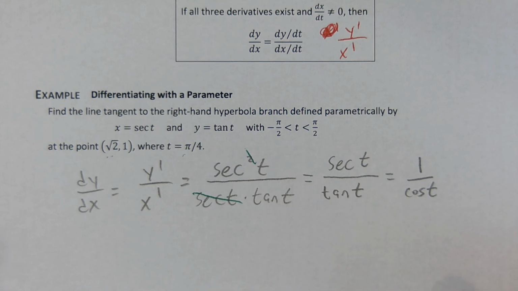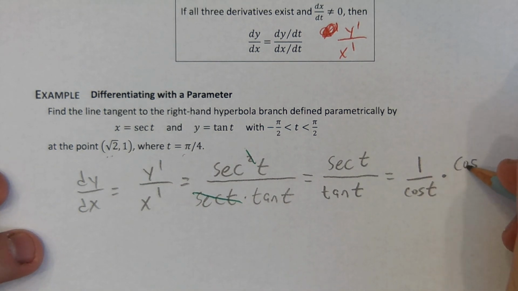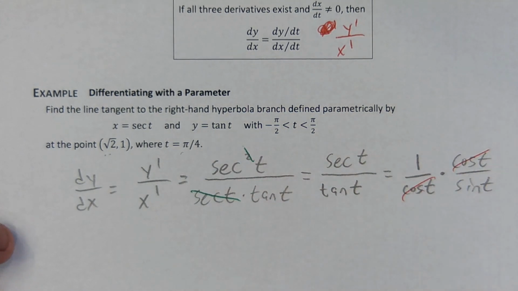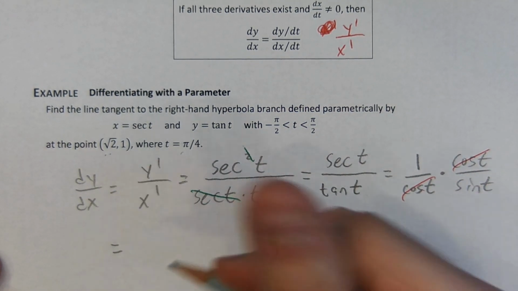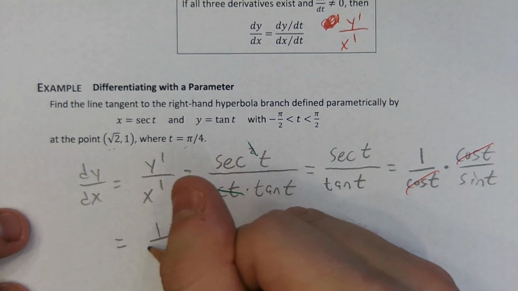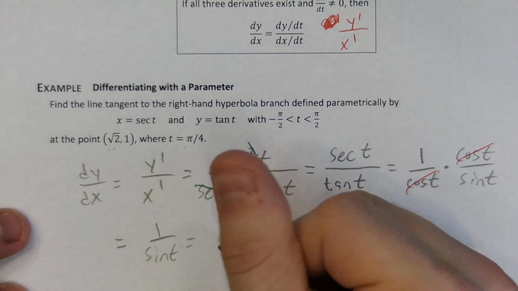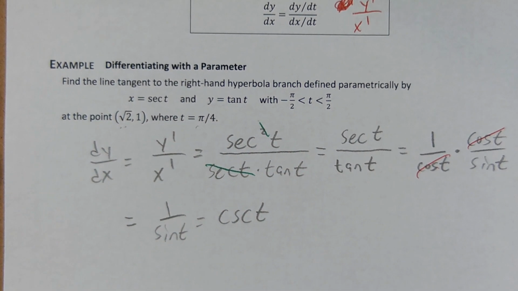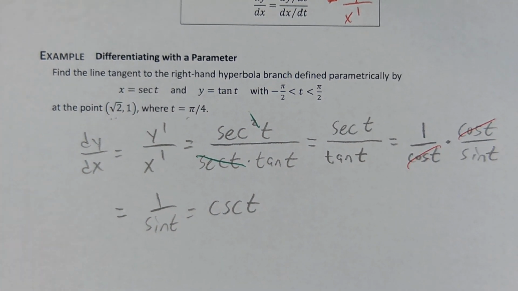Well, tangent is sine over cosine, so its reciprocal is cosine over sine. Oh my goodness, look at that. This thing legitimately just cleans up to 1 over sine of t, which is the cosecant of t. That's its derivative, cosecant t.